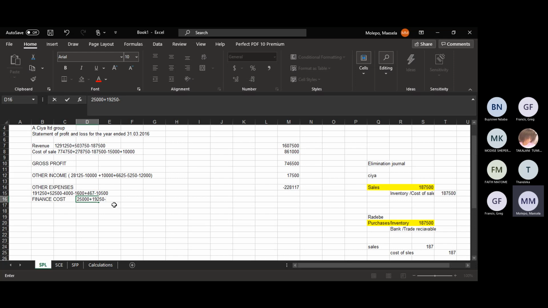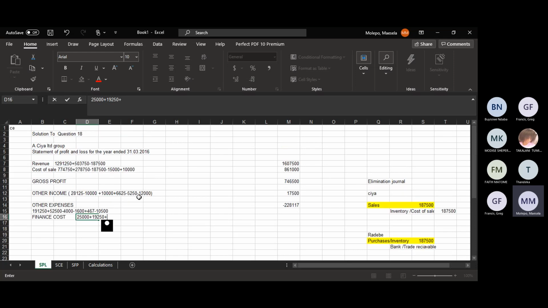Now you have to add it back because now it's forming part of an income. The amount was 5,250. You remember that amount? I put the wrong signage. Both plus 25,000 plus 19,250, then plus the 5,250.